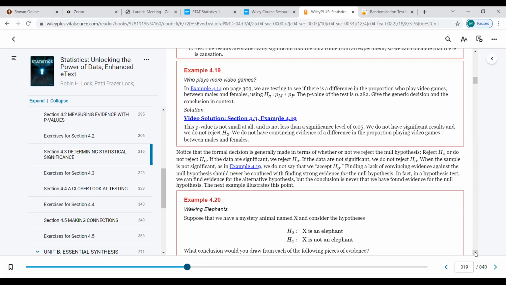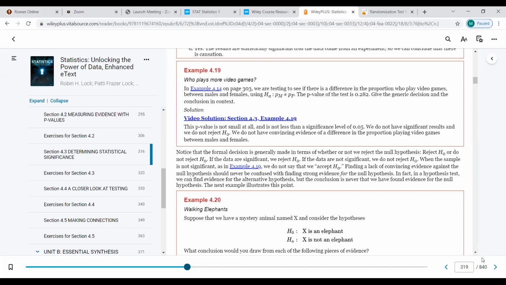Notice the p-value in the book is 0.282. The p-values will vary from sample to sample, and also from randomization distribution to randomization distribution. But in both cases, that's a pretty high p-value.